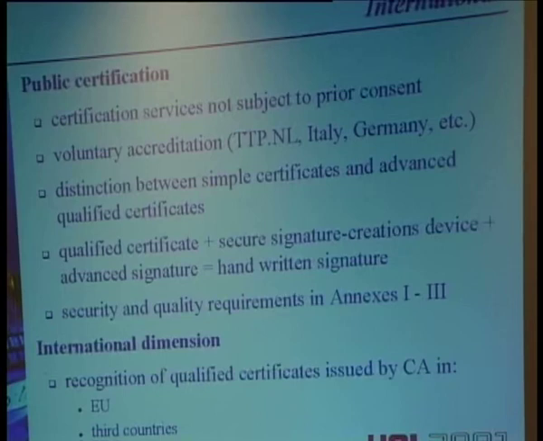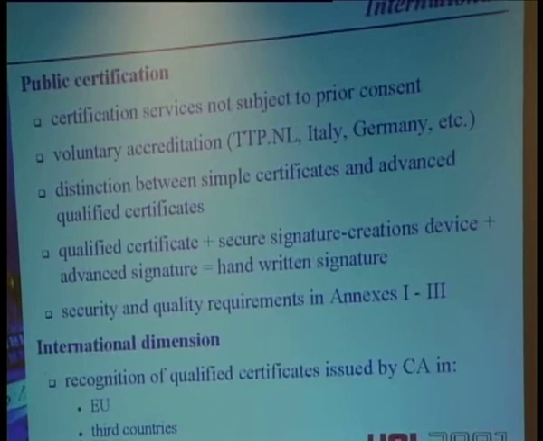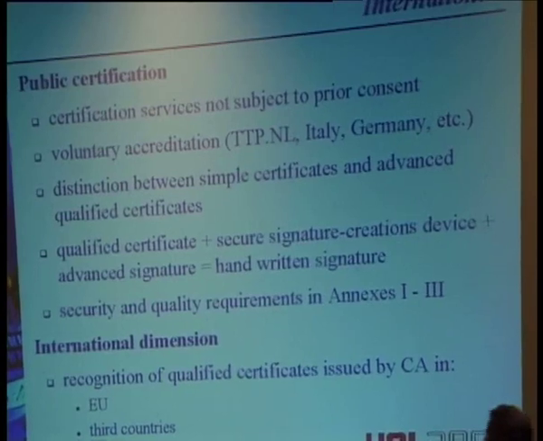In that case, you need a qualified certificate, a secure signature creation device, and an advanced signature. If you combine all that together, you get a handwritten signature. I can understand that this goes a little bit fast for some people. At the end, I have some references, because I cannot go into detail since we only have 10 minutes left.